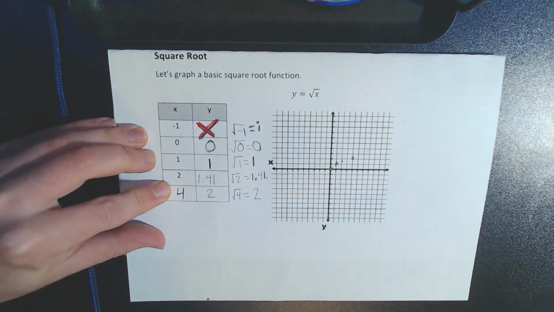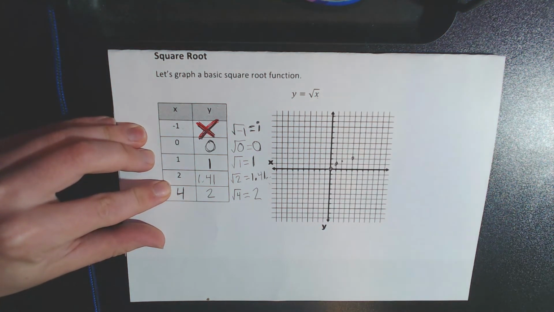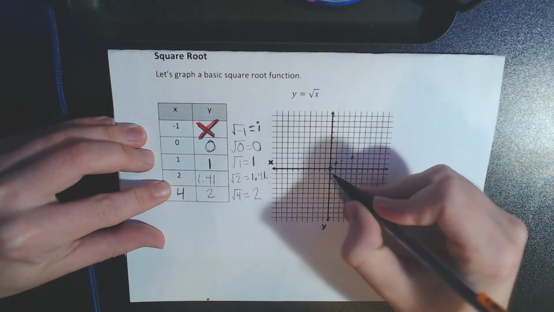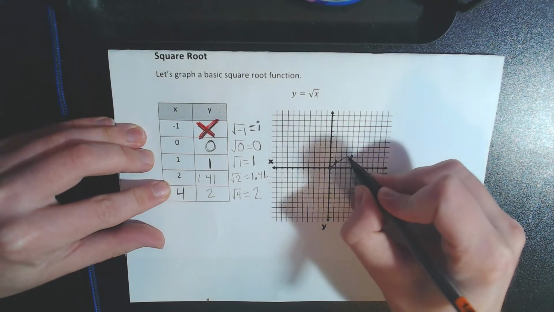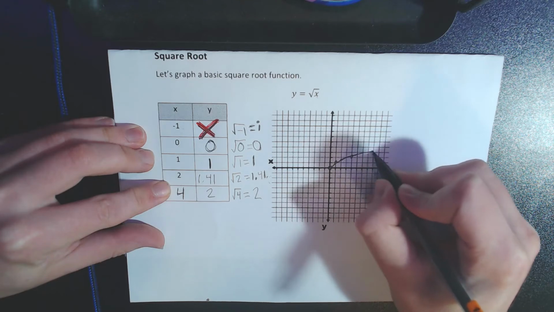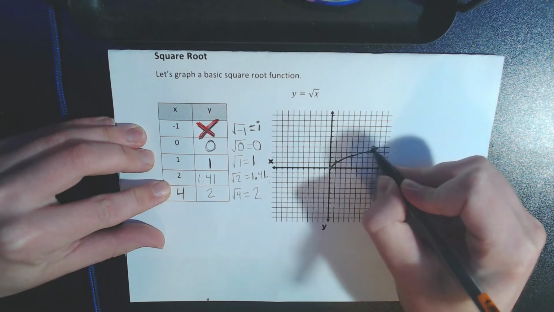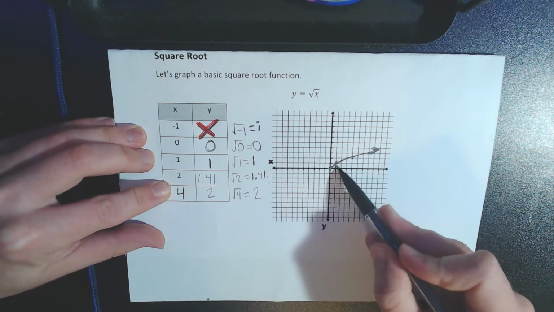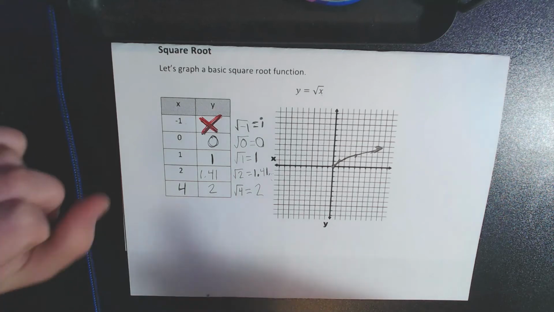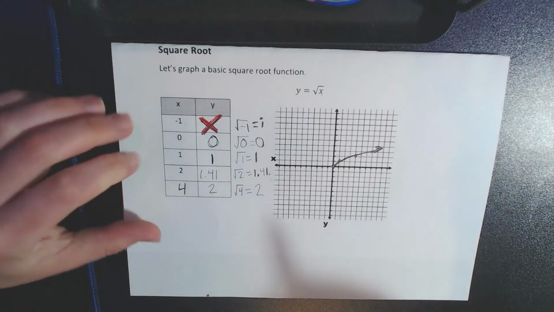So you can see what the graph is going to do based off those points we plotted. It looks like a smooth curve. And what ends up happening here is you get a sideways half parabola. Remember, a parabola is the U shape, right?